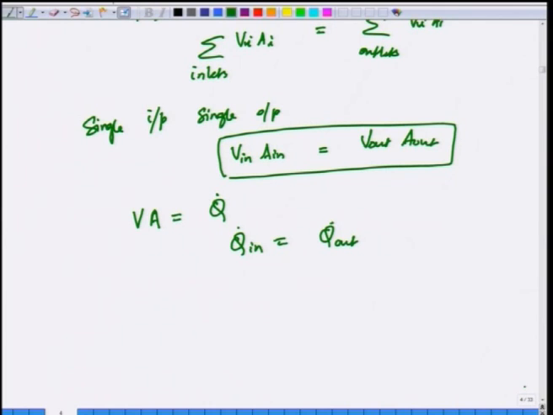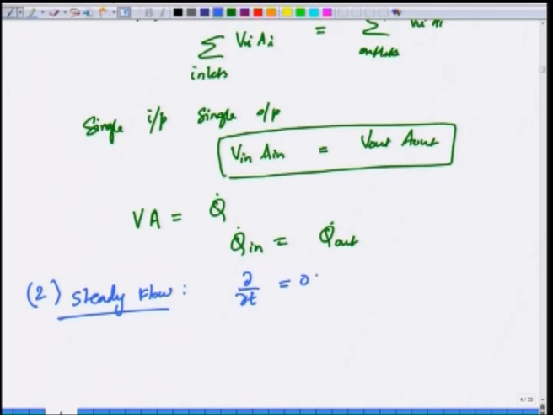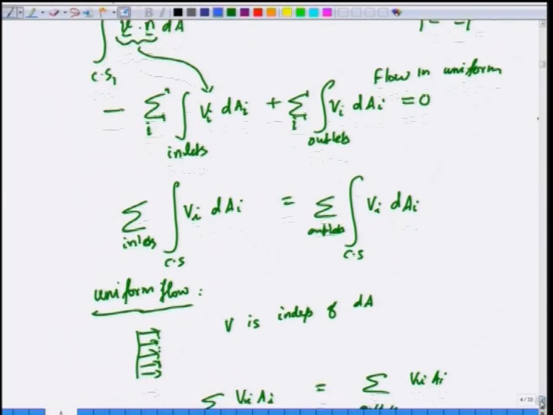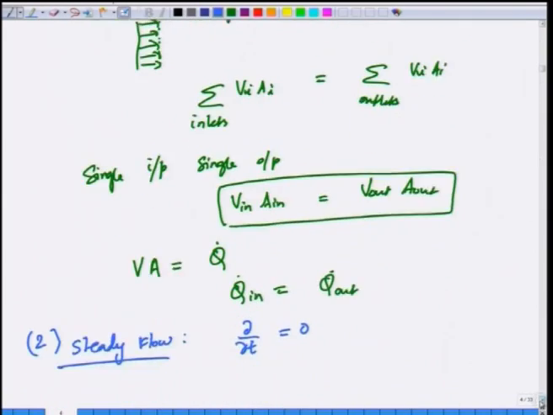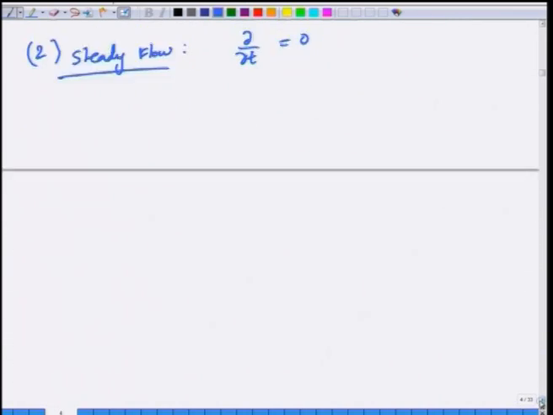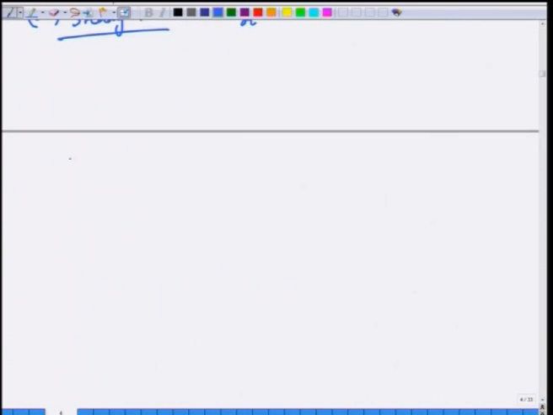Now you can also consider another approximation, that is the steady flow approximation. When the flow is steady, d dt is 0. Whether the fluid is incompressible or not does not matter. We are merely considering steady flow, that is d dt is 0. So we have the general mass conservation equation: d dt of integral rho dV over the CV is minus integral over CS rho v dot n dA.